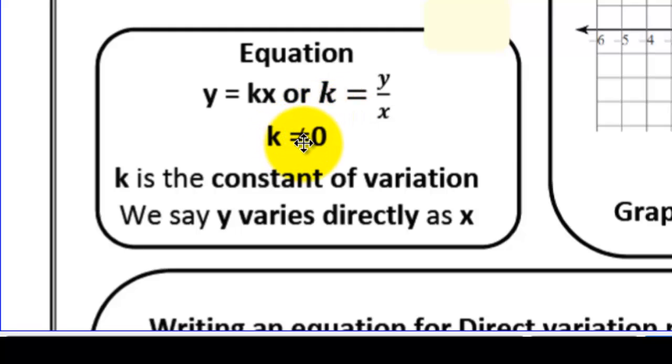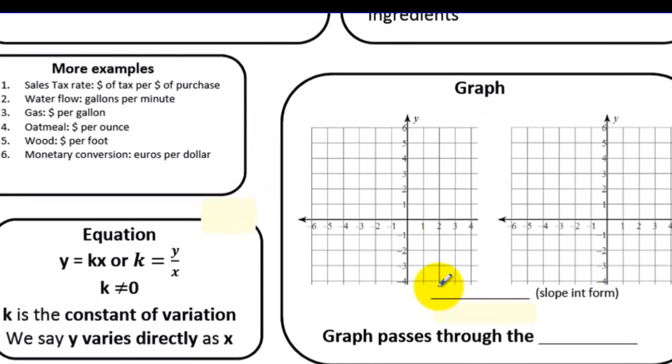It's very important that your k here is not equal to 0. K is a constant of variation, or again, it's just the slope, and then we say that y varies directly as x.